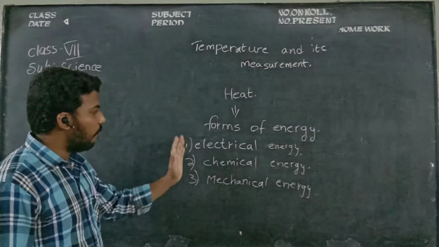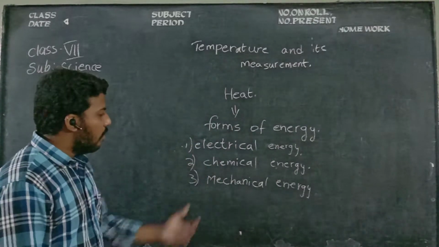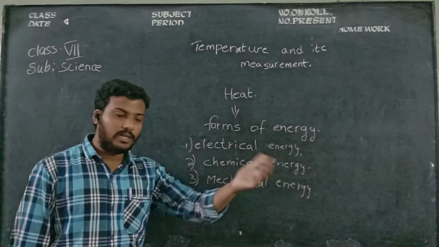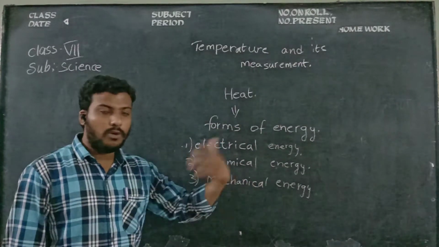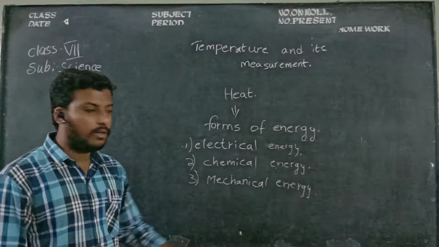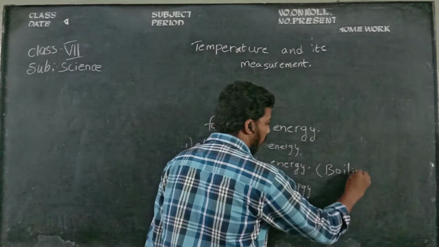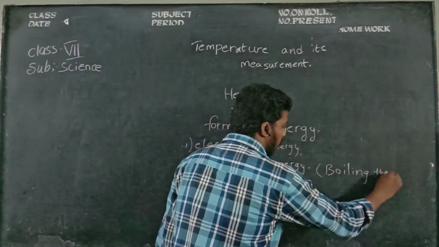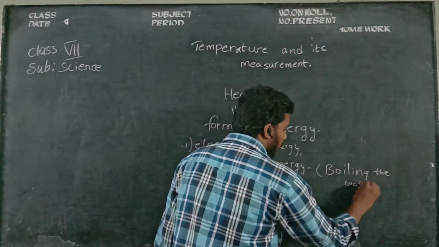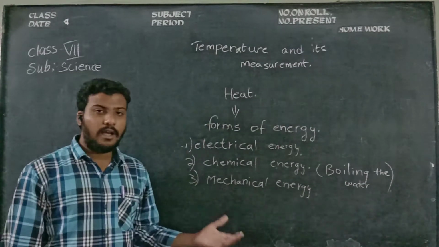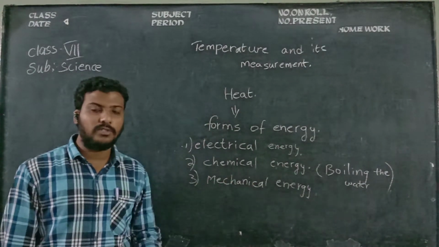See children, forms of energies are there. We are converting electrical energy into heat energy. And chemical energy means nothing but what? Heating the water or boiling the water. If we boil the water, chemical reaction takes place between the particles and it is converted into heat energy.